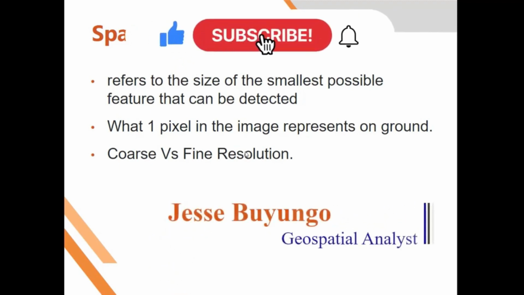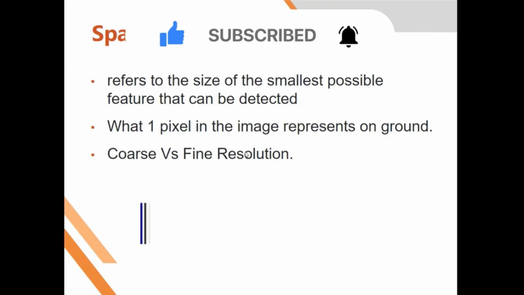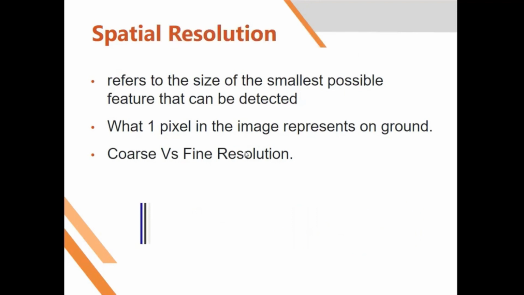For example, Landsat 8 has a spatial resolution of 30 meters. That means you can distinguish an object up to 30 meters. Below 30 meters, you cannot distinguish that object. And if you are using it for mapping, you cannot map objects that cannot be seen below 30 meters.